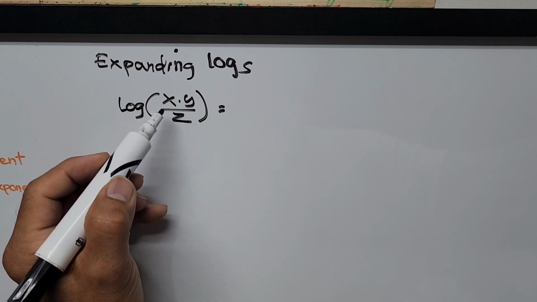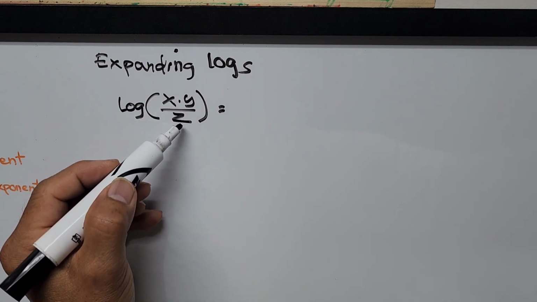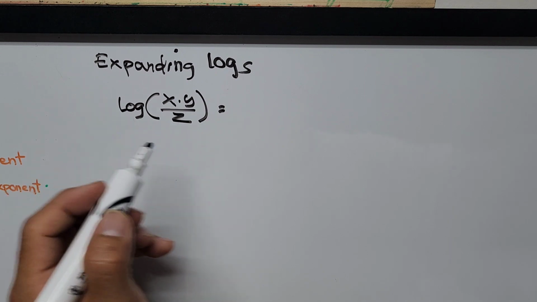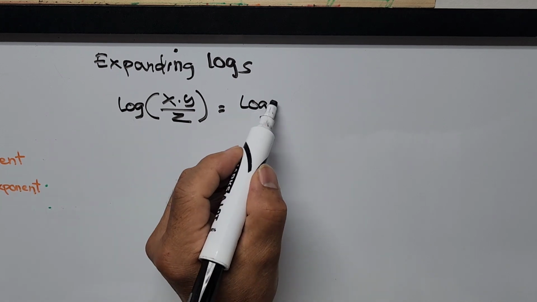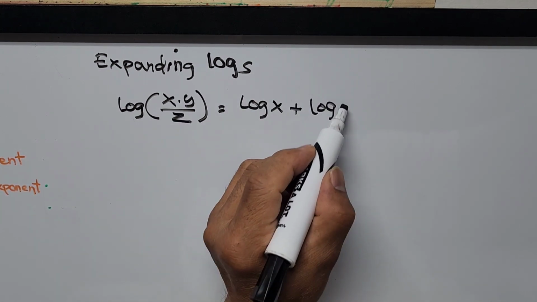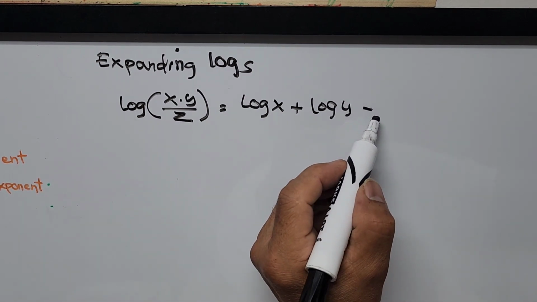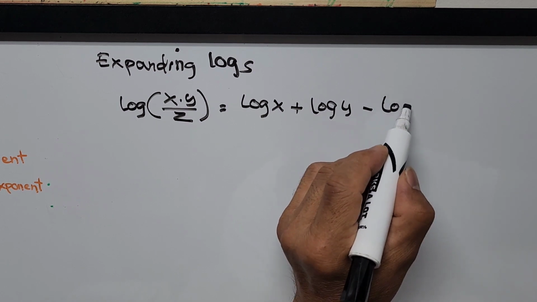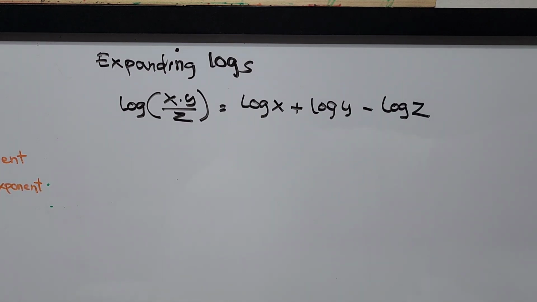So on top, that's what we call the product rule, and on the bottom we use the quotient rule, right? So we have to expand the log. So we have log of x plus log of y minus z. So that means we subtract z over here. So that is log of z. So that's minus. So that's how we expand logs.